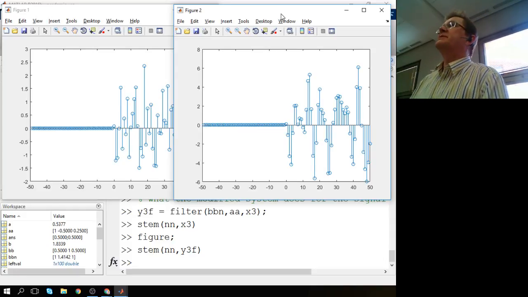There are some similarities, but also something different. First of all, it looks like we have some sort of scaling property on that signal. The output maximum is about two times bigger than the input maximum, 2.5 or something like that. So the system is not unity gain.